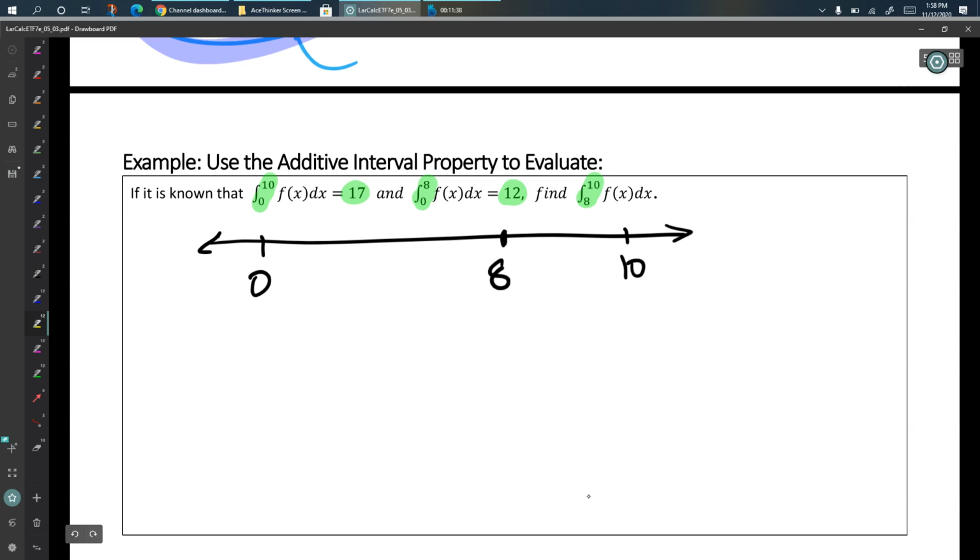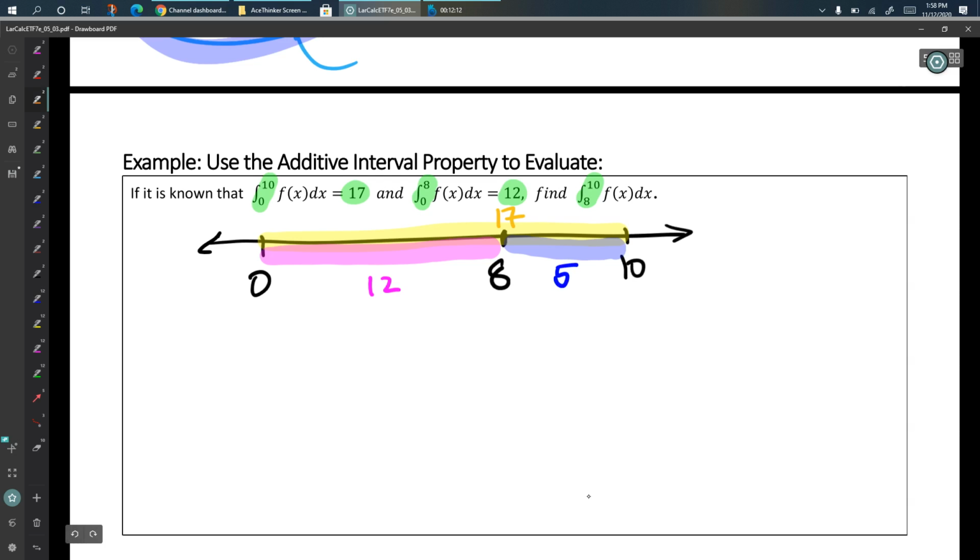So the whole thing is worth 17. Zero to 8 is worth 12. So what's 8 to 10 got to be worth? Well, then 8 to 10 must be worth 5, so I can take 12 plus 5 to get my 17.